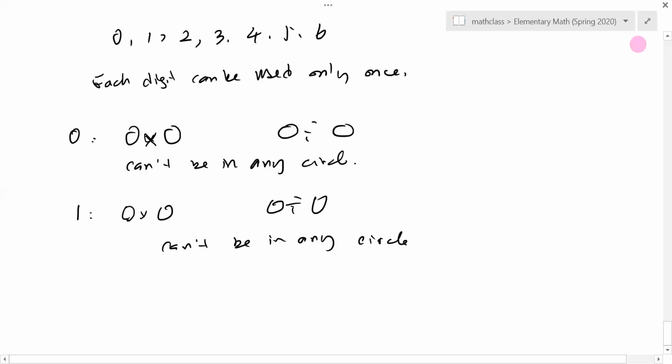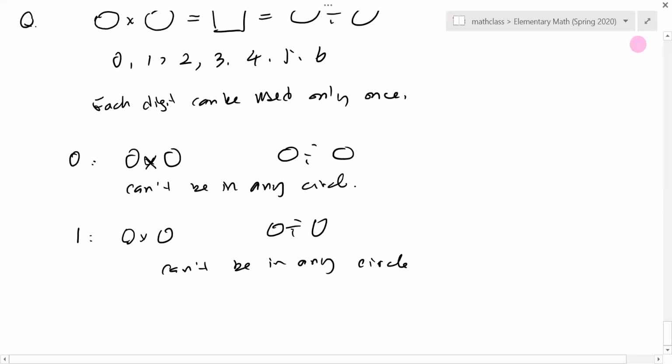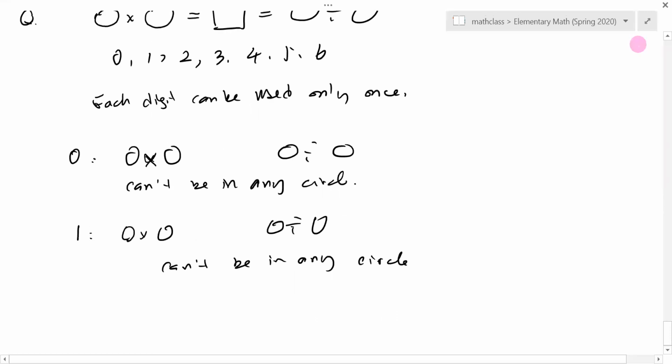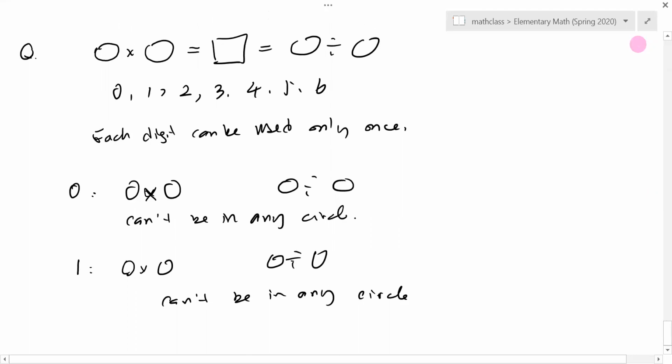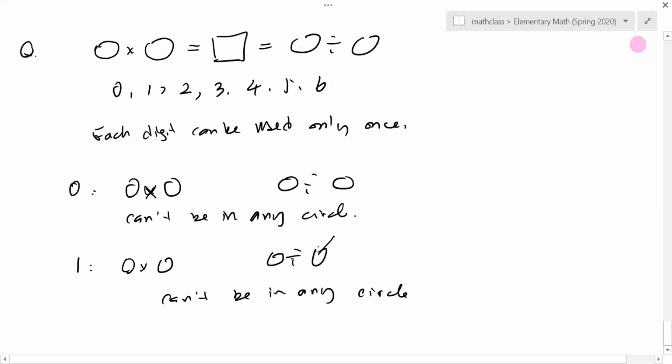That's a key point. 0 cannot be in the divisor, cannot be in here. So 0 cannot be here, but 0 could be here.